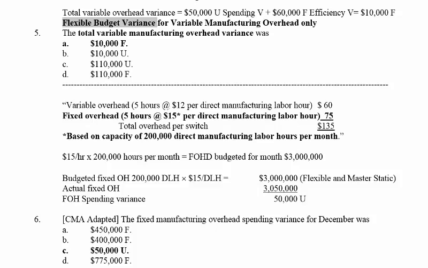So all we're going to do is net together our unfavorable $50,000 spending variance against our $60,000 favorable efficiency variance, and therefore we've got a $10,000 favorable variance just related to our variable manufacturing overhead.